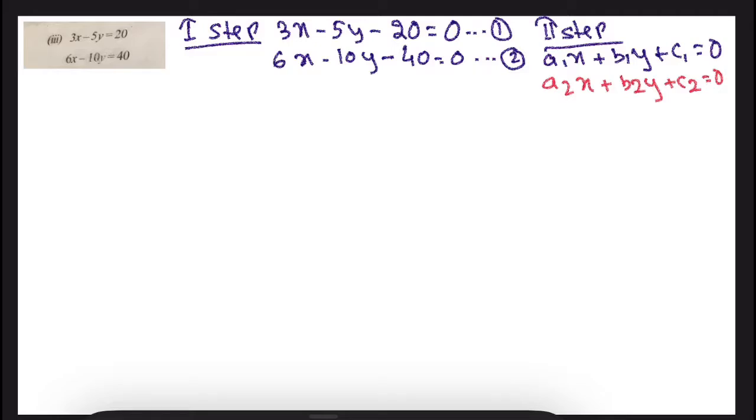First, is this equation in standard form or not? No, it is not, because 20 is on the right-hand side, therefore we have to bring it to the left-hand side.